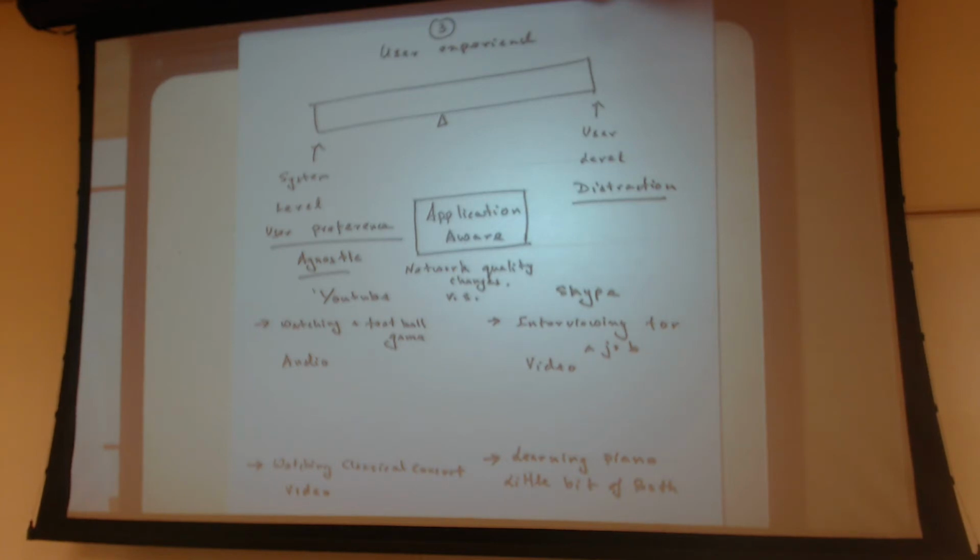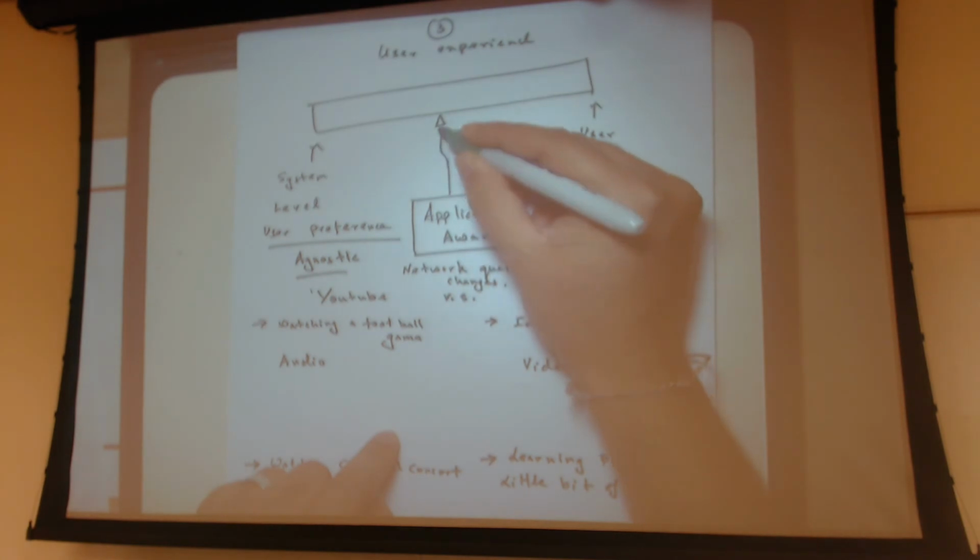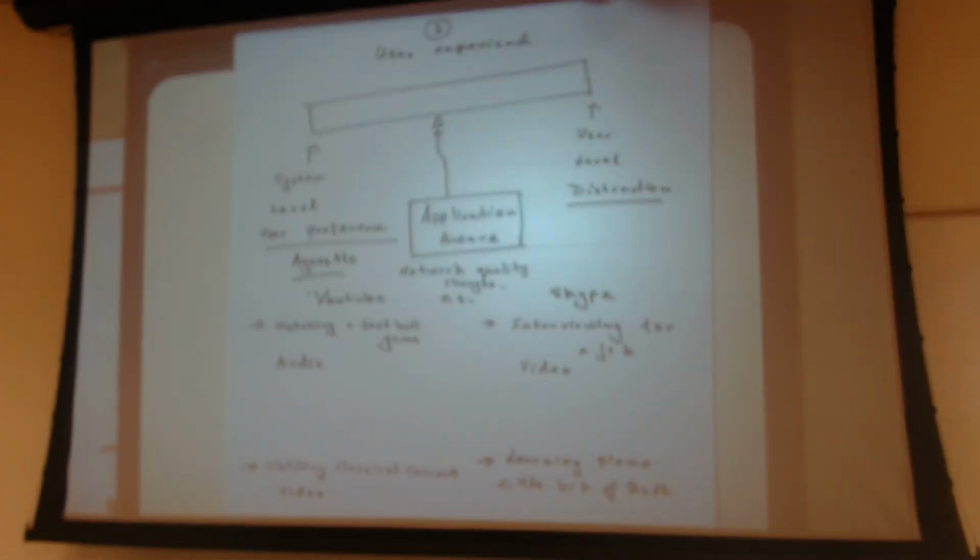You have to take the application into account. This is an application where the person is using YouTube to watch a football game, right? So application adaptation allows you to get the balance.